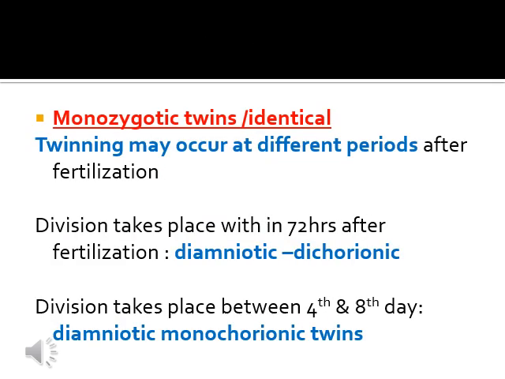Next are the monozygotic or identical twins, where the twinning may occur at different periods after fertilization. Here, only one ovum is fertilized and it splits after a period of time. If the division takes place within 72 hours after fertilization, it becomes diamniotic and dichorionic. If division takes place between the 4th and 8th day, it forms diamniotic monochorionic twins.